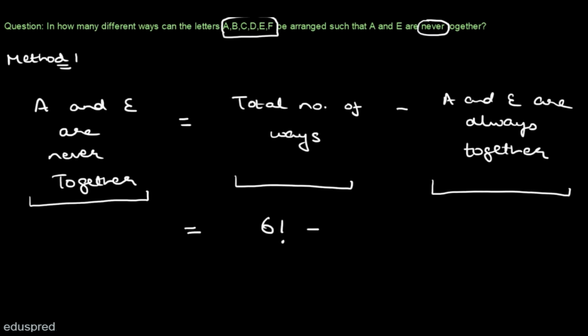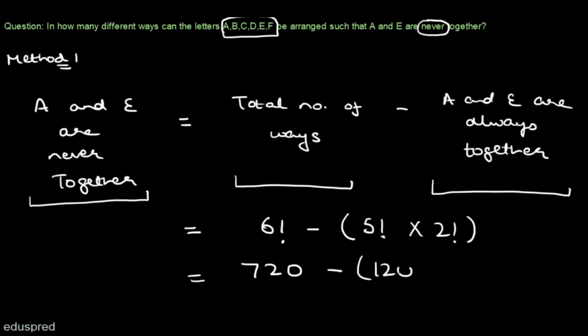We found this in the last video. And the answer that we got was 5 factorial multiplied by 2 factorial. And once you solve this, you will get that this is equal to 720 minus 120 multiplied by 2. So this is equal to 720 minus 240, equal to 480 ways.